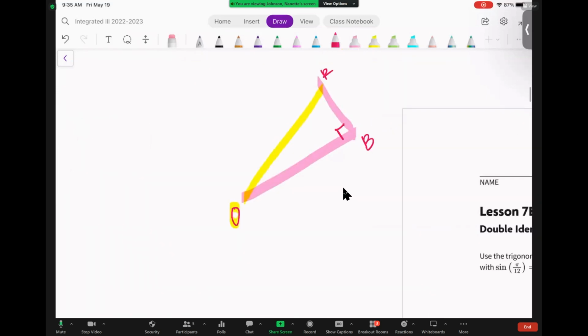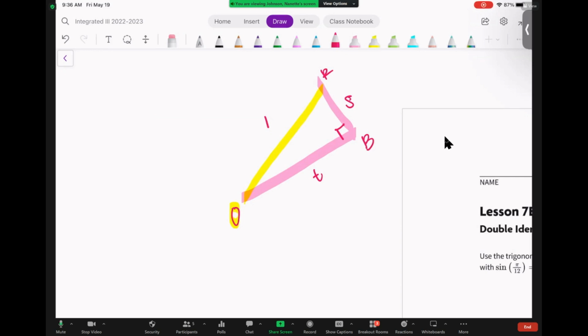We know this is a right angle and we know this is 1. And I said, hey, I want you to find me the length of this length here, RB. I'm going to call him S. I'm going to run out of letters later on, so that's why I'm using S. And I want you to find me T here. So go ahead and do that and then come back to me when you're done.